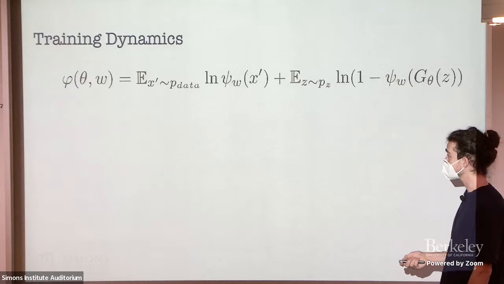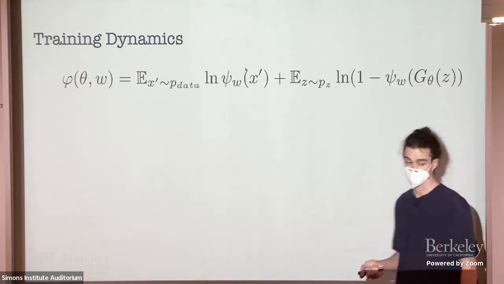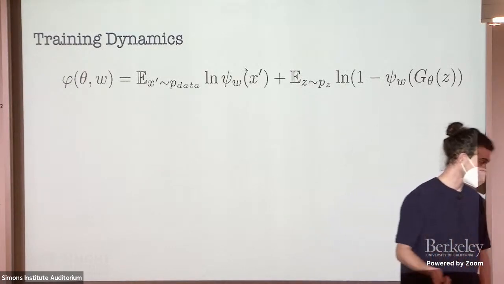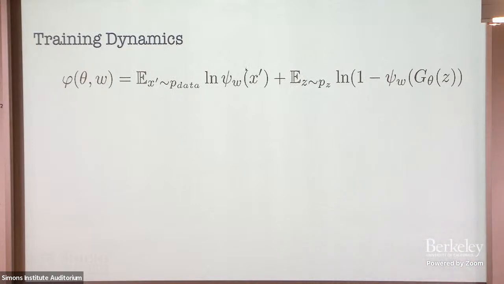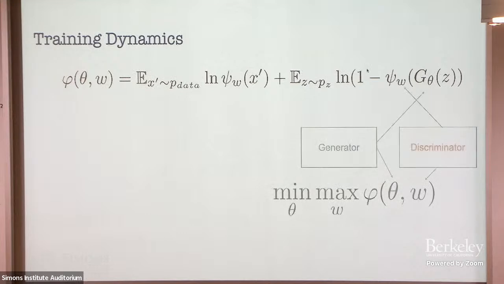What we do, as always, the solution is to parameterize our network. So we parameterize the classifier, our discriminator phi, and the generator theta. And we end up with a min-max problem that is now finite dimensional, but unfortunately non-convex, non-concave.